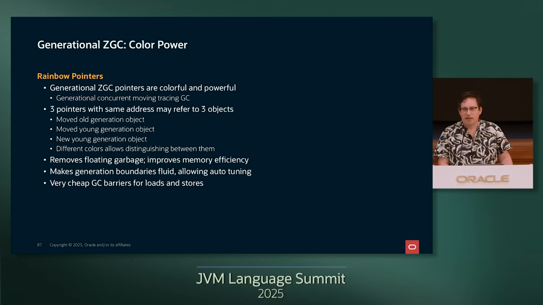And it allows us to get rid of floating garbage, and we don't need memory to move objects and things like that. Also makes generation sizing quite fluid and allows it to automatically tune generation boundaries very easily. And most importantly, efficient barriers.